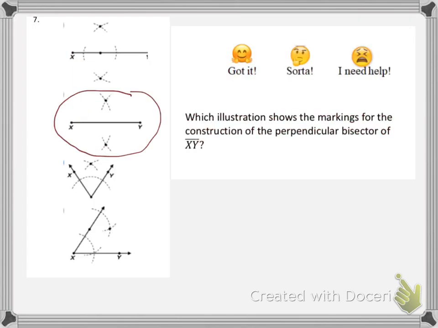On the first one, on this one right here, all you had to do was figure out your tick marks on this way, and then put your compass point here, and then draw your arcs this way on each side here. And so that ends up being just a perpendicular line, not a perpendicular bisector.